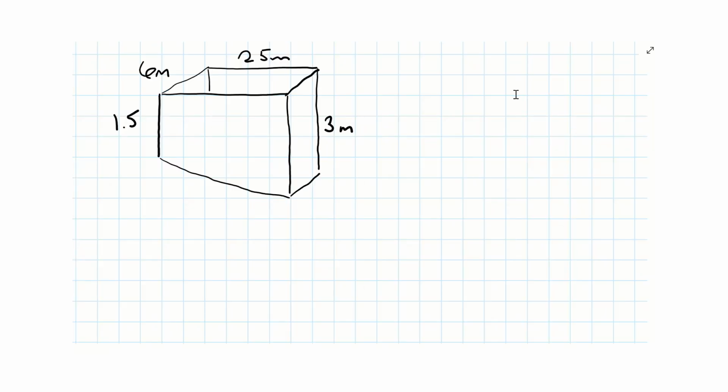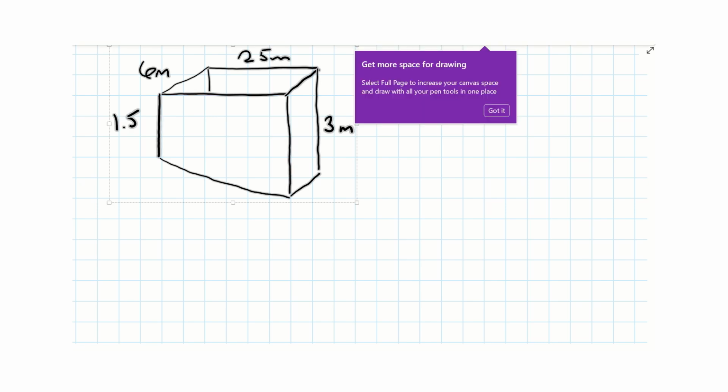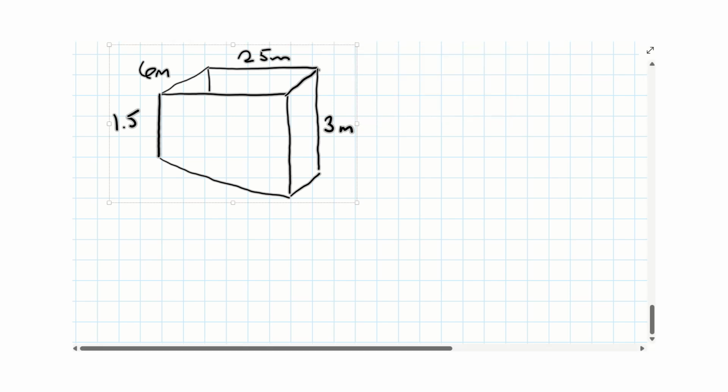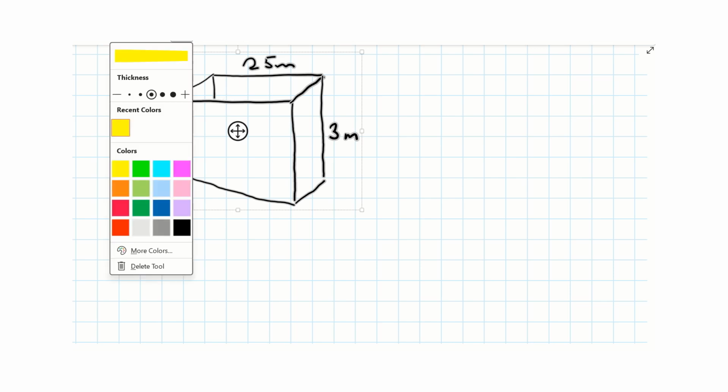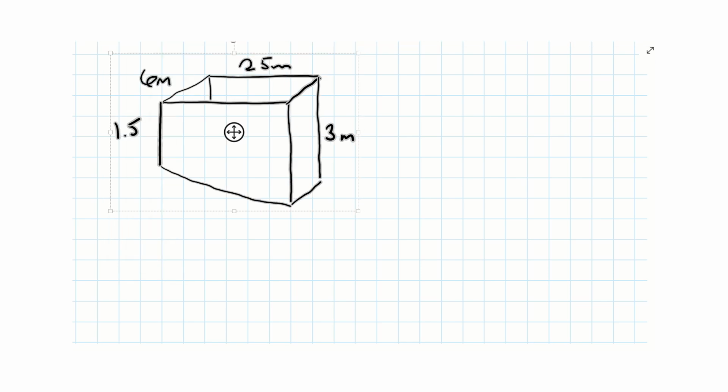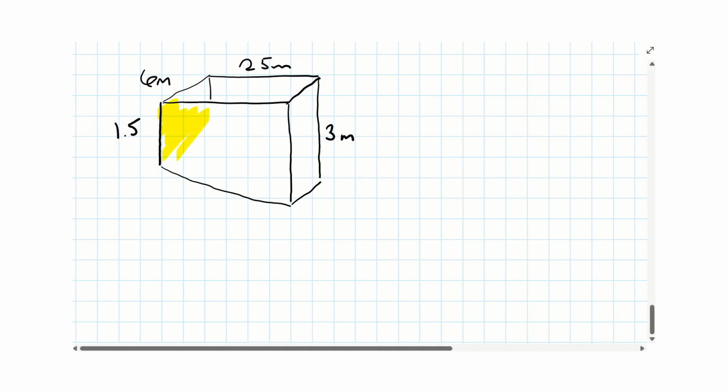So the first thing we need to do is find the volume of our current pool. The volume of our current pool is going to be the surface area of this here times the depth.